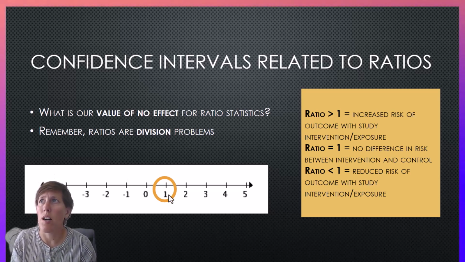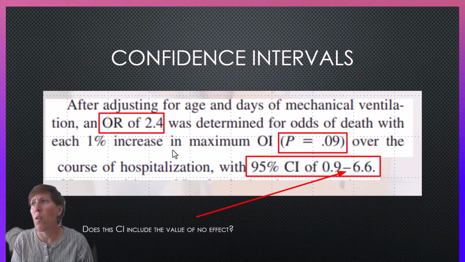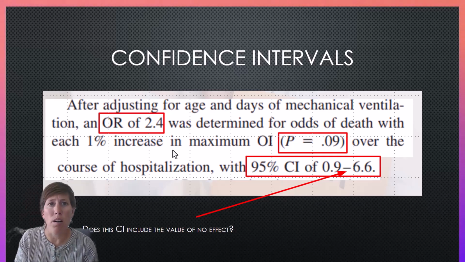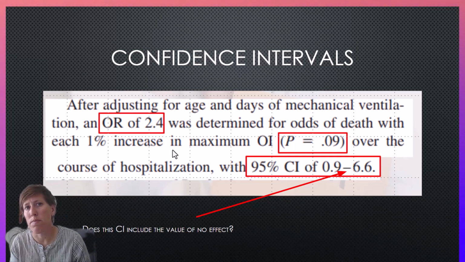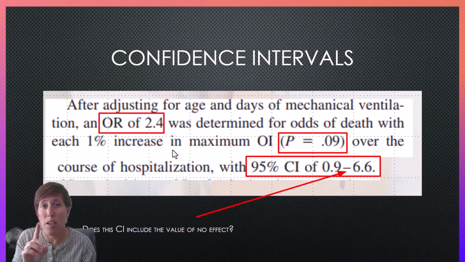Back to this little clip that we've utilized. Here we have a 95% confidence interval of 0.9 to 6.6. And this one, you really have to take note. This is an OR, an odds ratio.